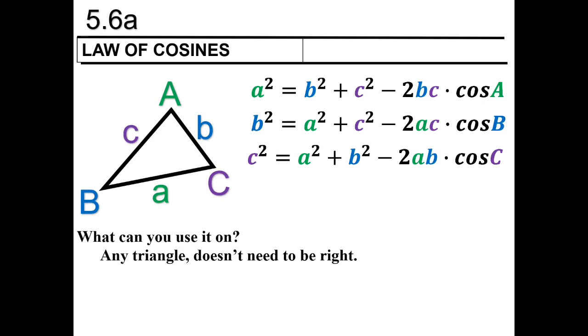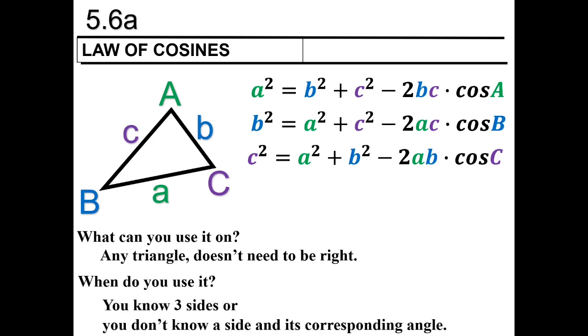If you are given a side and its corresponding angle, you will immediately use the law of sines. If you are not given a side and its corresponding angle, then you should be using the law of cosines. You would use the law of cosines if you knew three sides, but more importantly, if you do not know a side and its corresponding angle, then you are using the law of cosines.